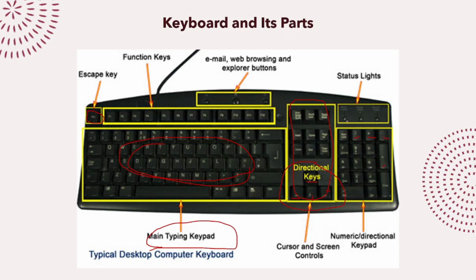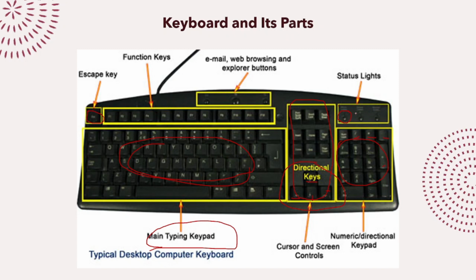Then this one, usually some keyboards have status lights while others they don't have status lights. When I say status lights, this one here refers if you clicked the numlock. Kumbaga, when you trigger or when you enable the numpad, you need to press this and this one here needs to light into a green one or yellow one.